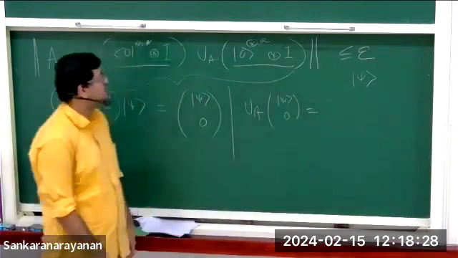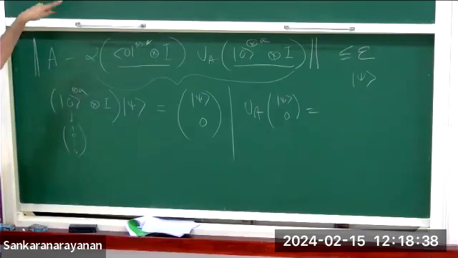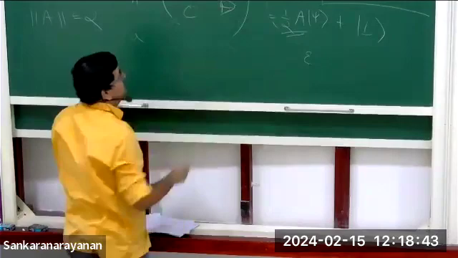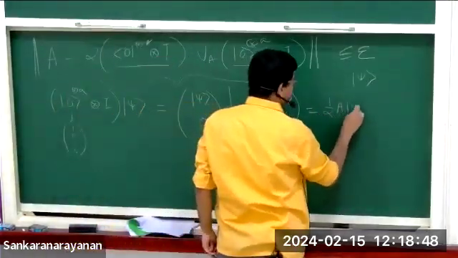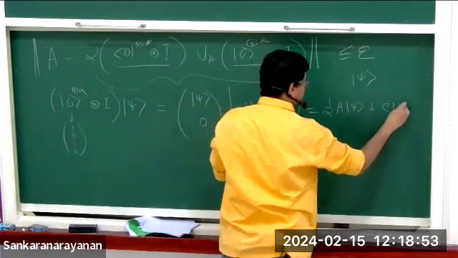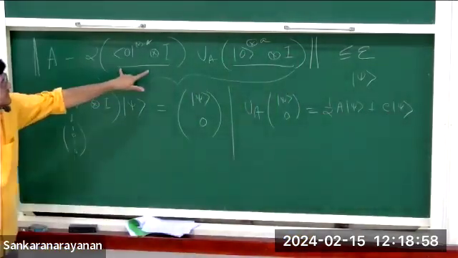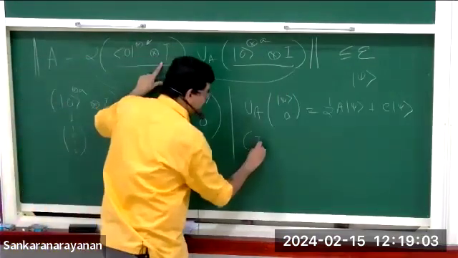What do I get? U_A is defined as above. So you get 1 over alpha A psi plus C psi, right? This is the thing that I end up getting. Now look at this: 0 tensor I. This is nothing but the operator I_0.